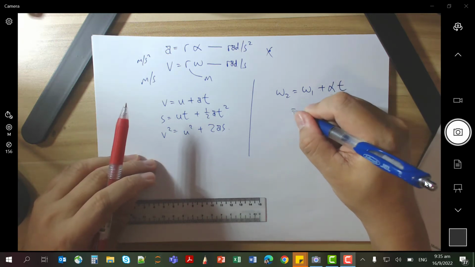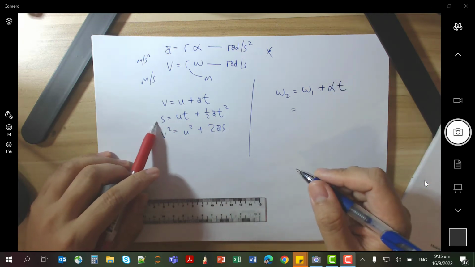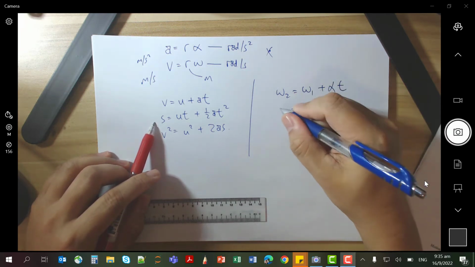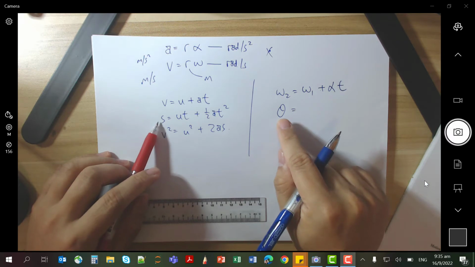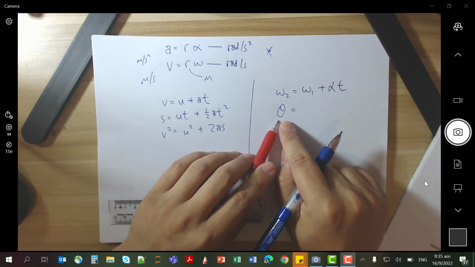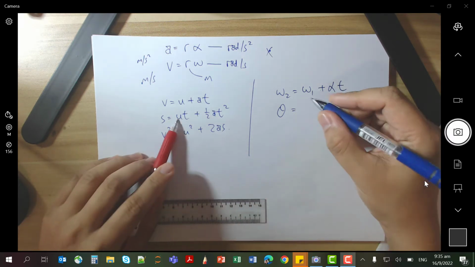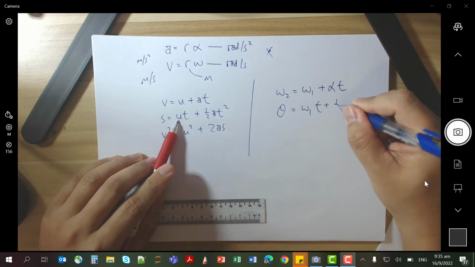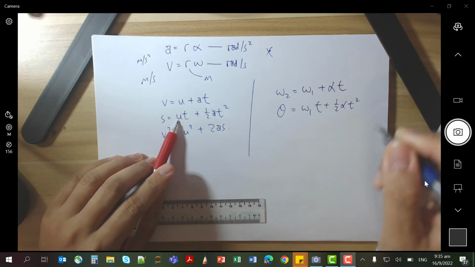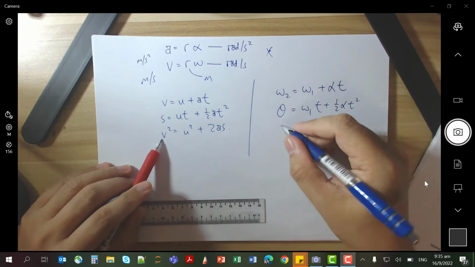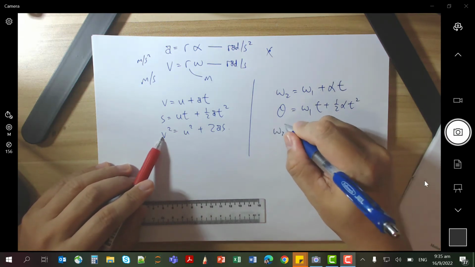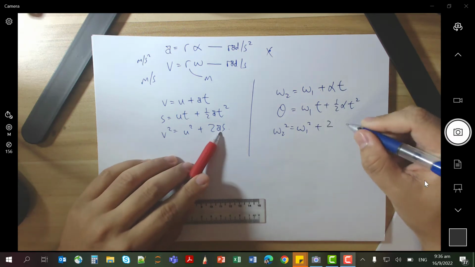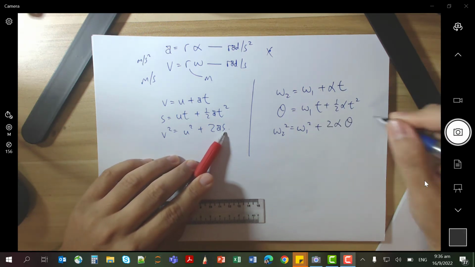Distance, this is linear distance, so for angular distance it will be the angle. We will use theta. Again, this must be in radians, not degrees. So s will be omega 1 t plus half alpha t squared, and this will be omega 2 squared equals omega 1 squared plus 2 alpha theta.